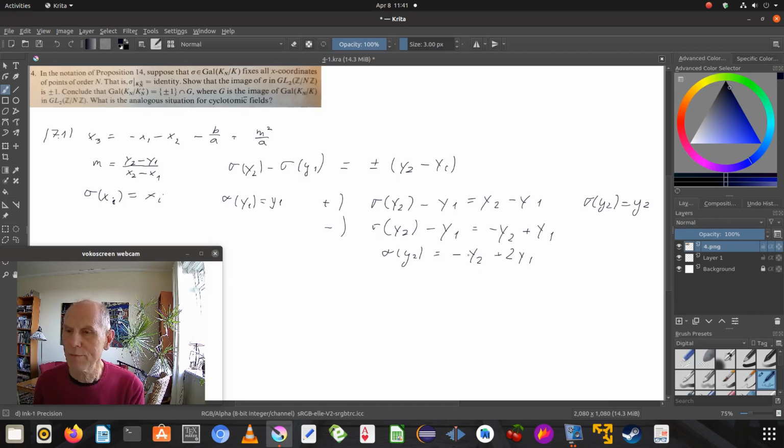So if this is minus y1, then if sigma y2 is minus y2, then y1 must vanish. We have to do it the other way around. That may be possible, of course, if it's afforded to.